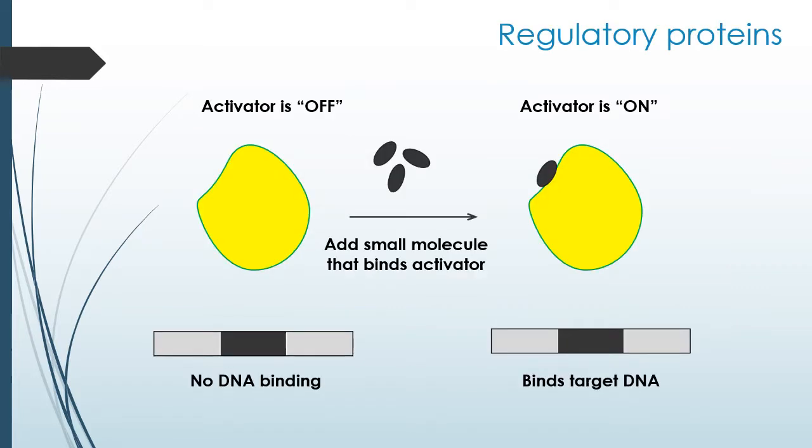Regulatory proteins can themselves be turned on or off by specific small molecules. The small molecule binds to the protein, changing its shape and altering its ability to bind DNA. For instance, an activator may only become active, or able to bind DNA, when it's attached to a certain small molecule.